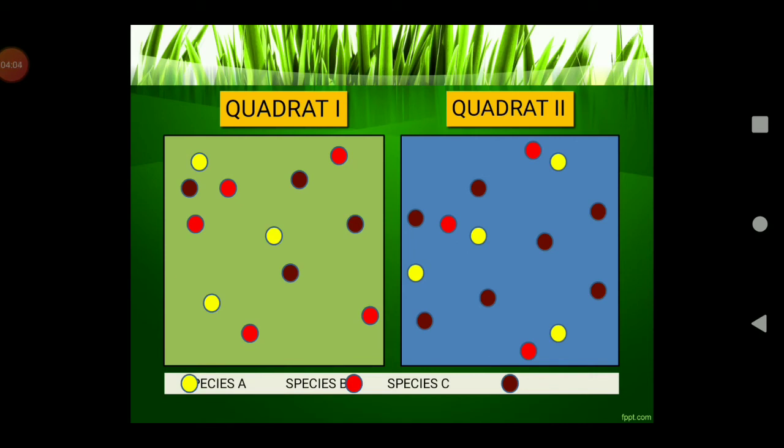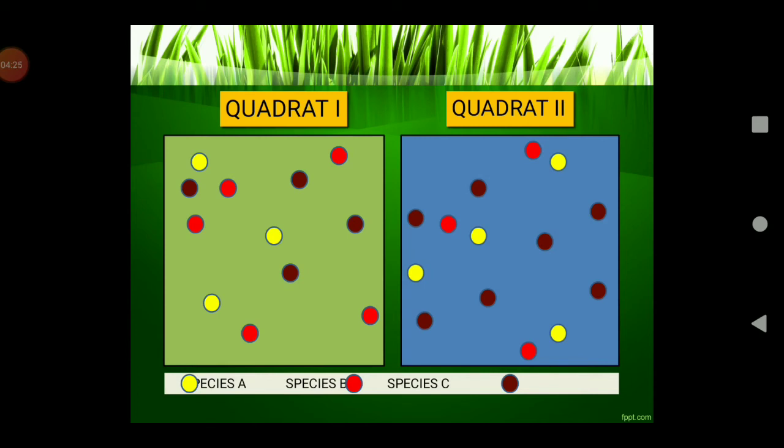Similarly, species C, that is magenta color, only to represent a specific plant. Species C count in quadrat 1 is 4, whereas in quadrat 2 it is 7.